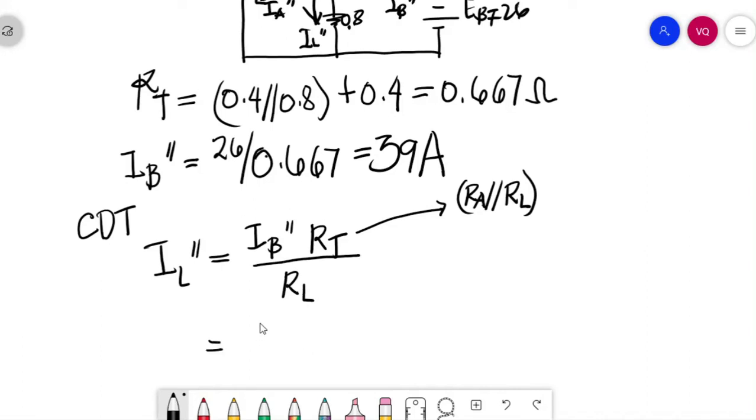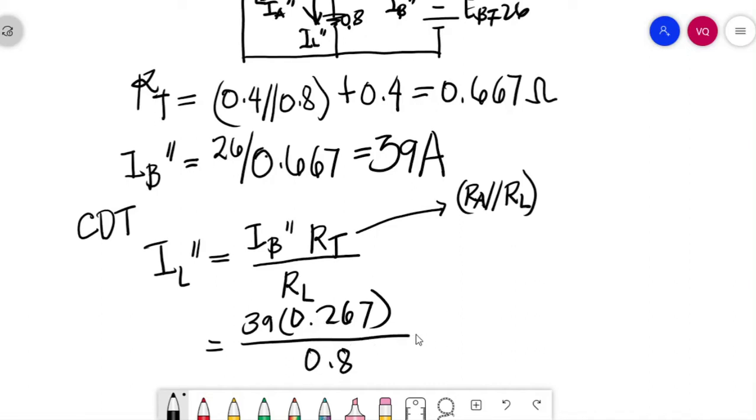So that is equal to 39 times RT, which is 0.2667, divided by RL, which is 0.8. So IL double prime is equal to 13 amperes.